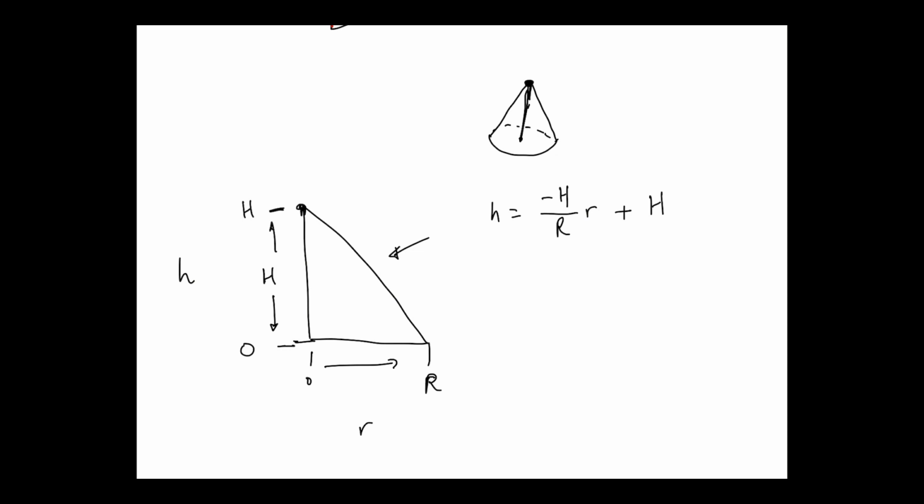All right, so if I want to think about the volume of that cone when I spin this triangle around, what I'm really doing is I'm saying, okay, take an arbitrary slice of this thing, and let's think of that as a really, really thin cylinder. Okay, so how do I find the volume of a cylinder?